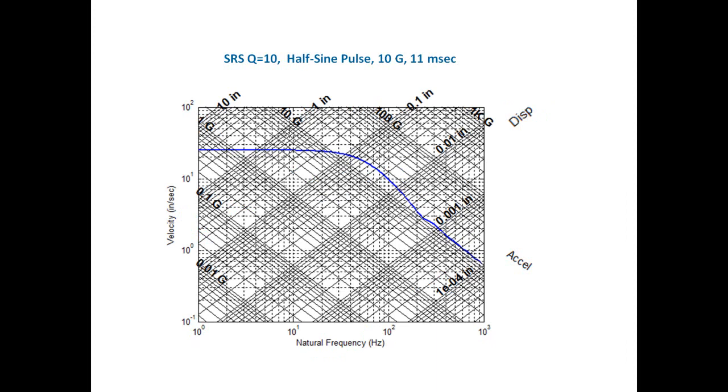Here's a half sine pulse, SRS Q is equal to 10. So it's a half sine pulse, 10G, 11 millisecond. And we're looking at the tripartite SRS. The velocity in inches per second gets up to 25 inches per second. And then we have, of course, natural frequency along the x-axis.